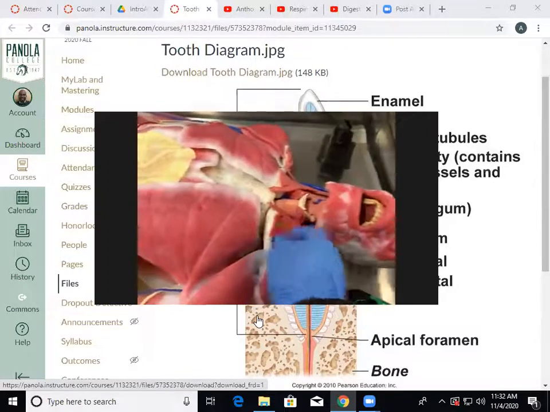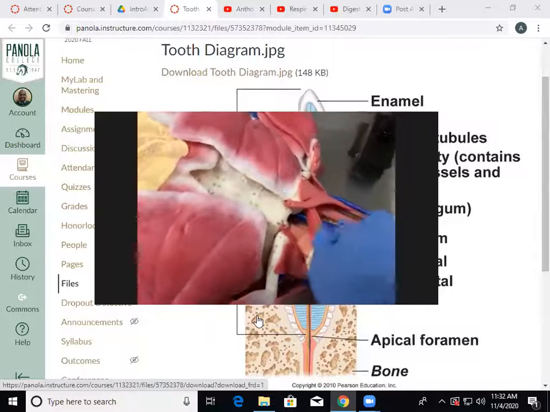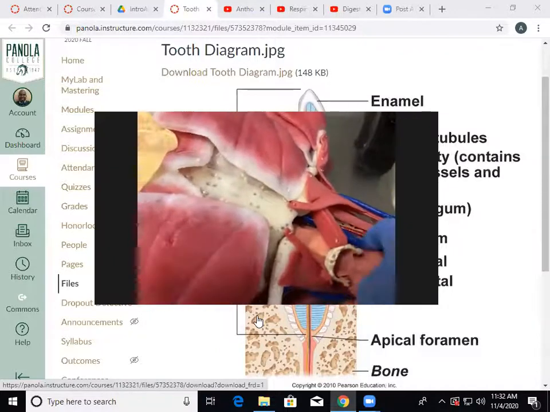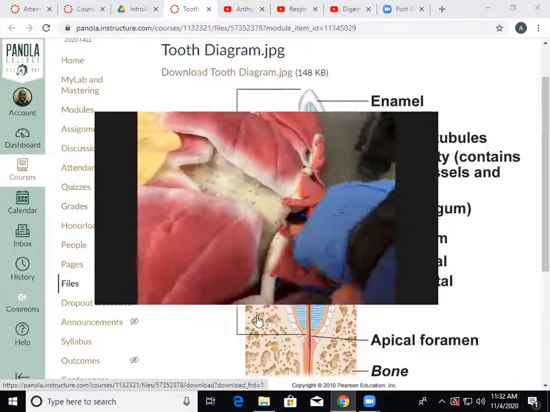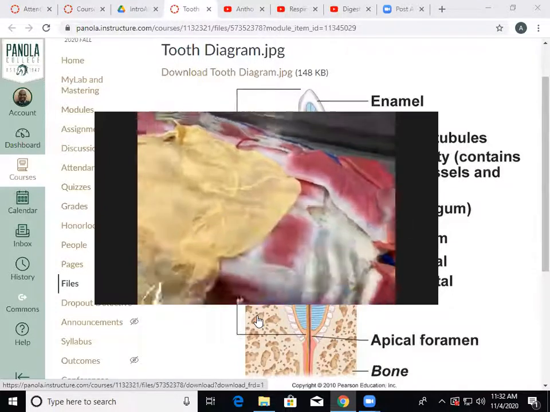It's kind of difficult to see in here, but let's see if we can get to the trachea. I guess this is actually part of the trachea.